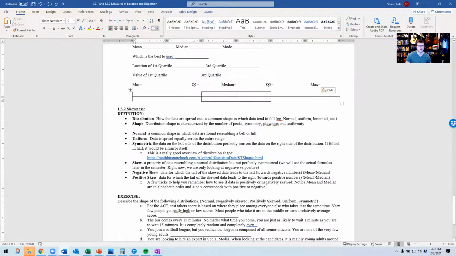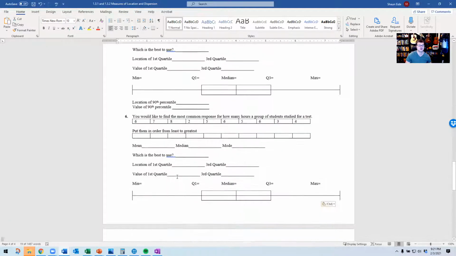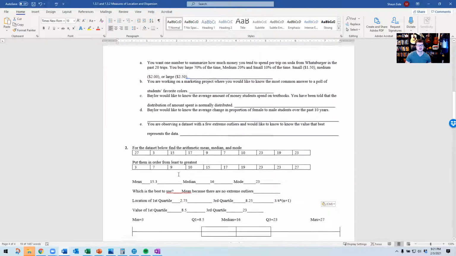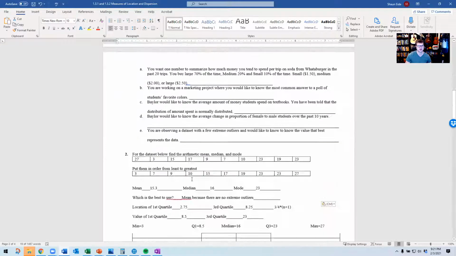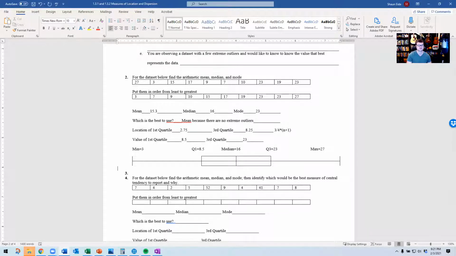And then when you come down to the very bottom, it says to find the mean, compare the mean to the median, and determine if it's skewed. So let's look at the mean compared to the median. If the mean is less than the median, then it's negatively skewed. So you can come right down here and put negatively skewed, because the mean is less than the median.